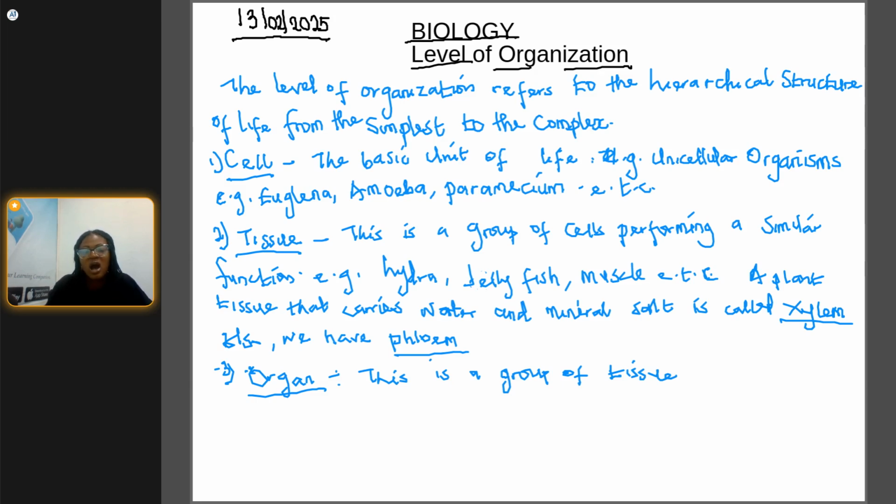All these are organs. So looking at all these organs, you see that they are made up of tissues. That is why we say organs are group of tissues. Like I gave example earlier, we have the heart, the liver, the kidney, etc. So we move to the next level, which is the system.